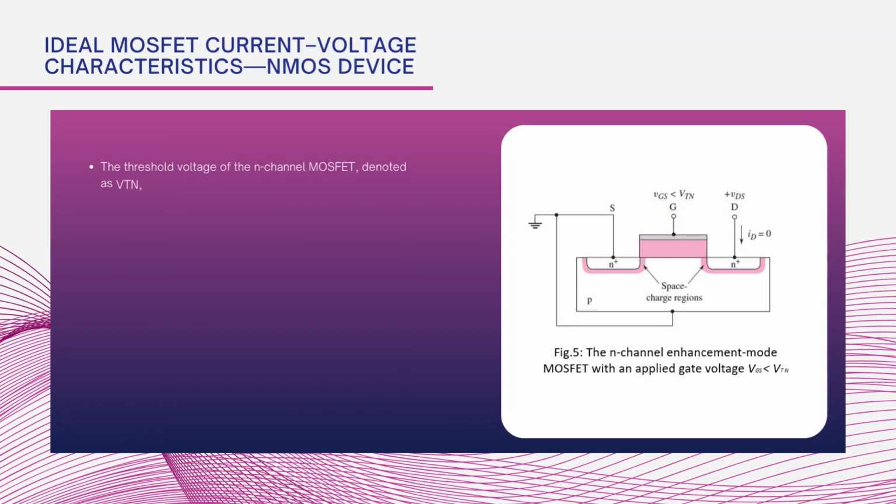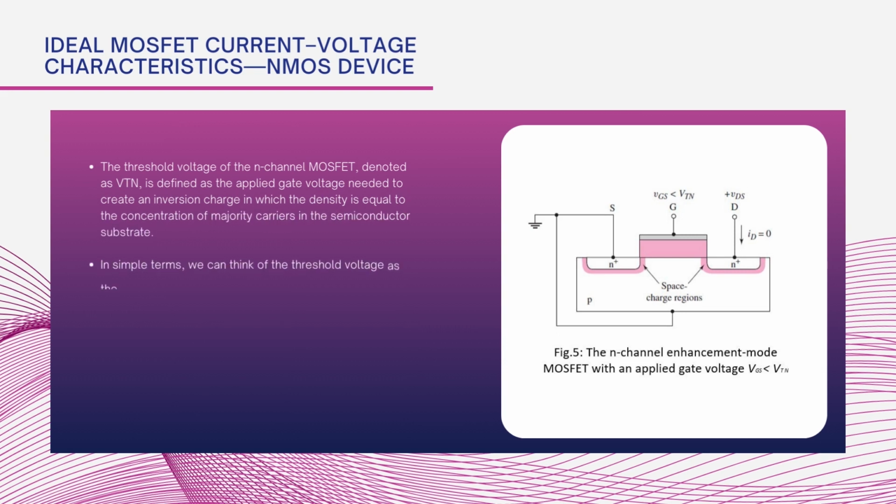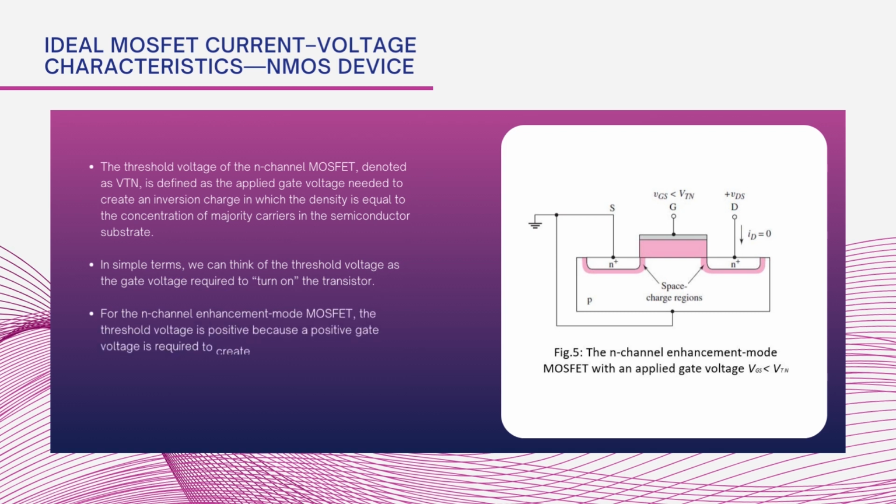So, moving ahead towards the topic, the threshold voltage of an N channel MOSFET is denoted as VTH and is defined as the applied voltage needed to create an inversion charge in which the density is equal to the concentration of majority carriers in the semiconductor substrate.